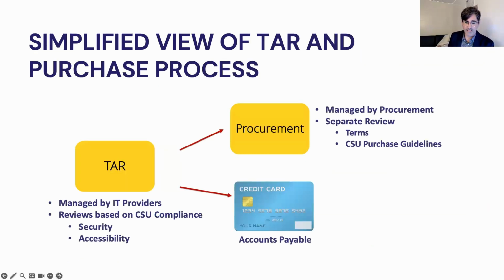And looking at the process itself, one of the key and obvious areas that was also part of the feedback was a misconception of users that when they were approved for TAR, they were done and ready to buy. And really what happens is TAR is one part of a two-step process.